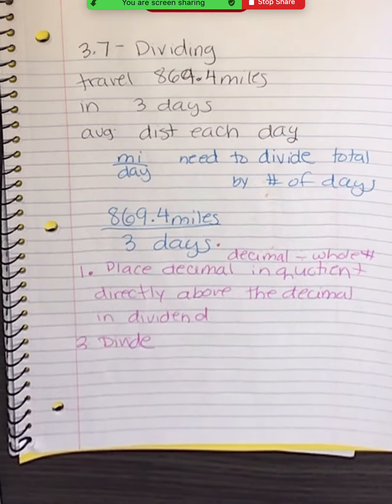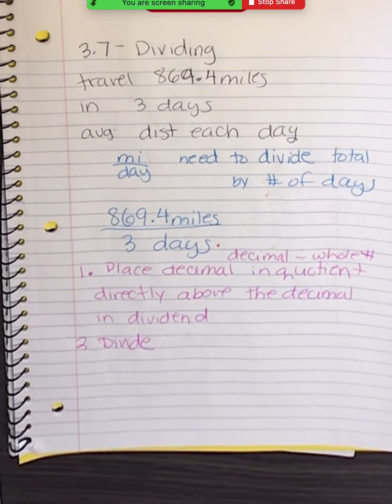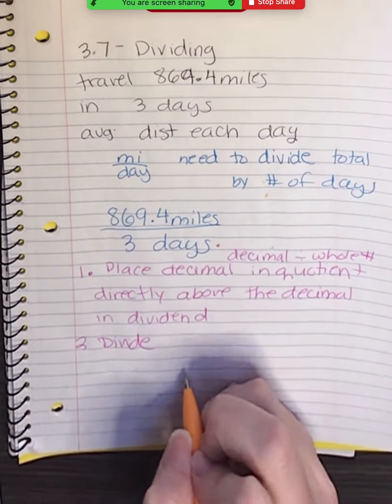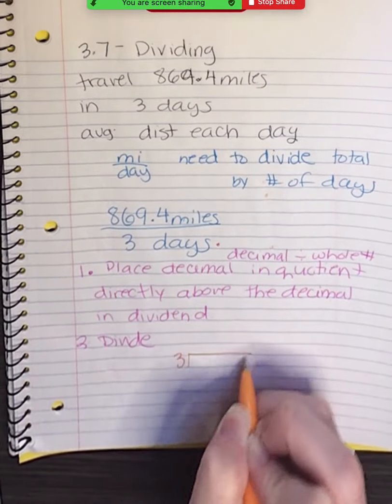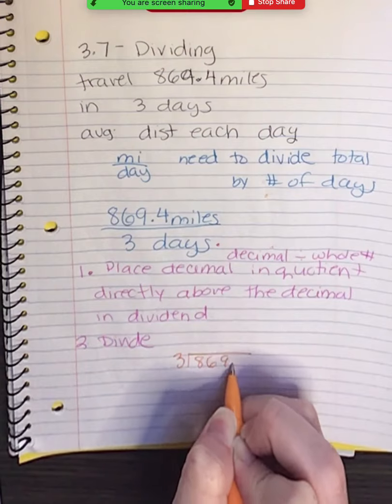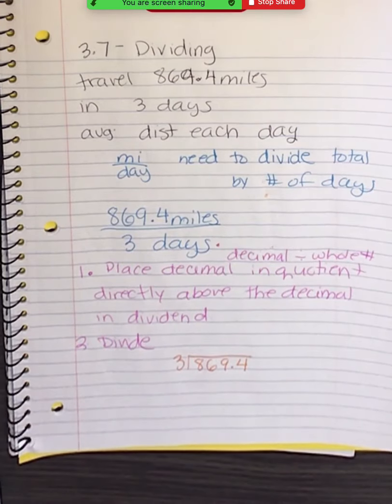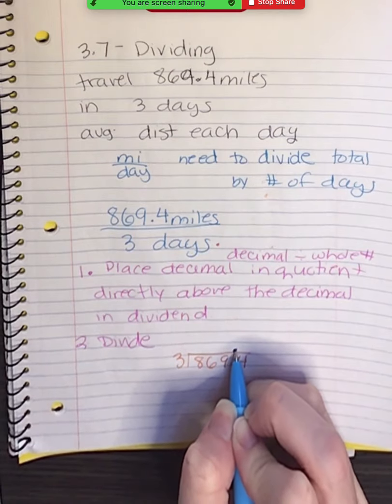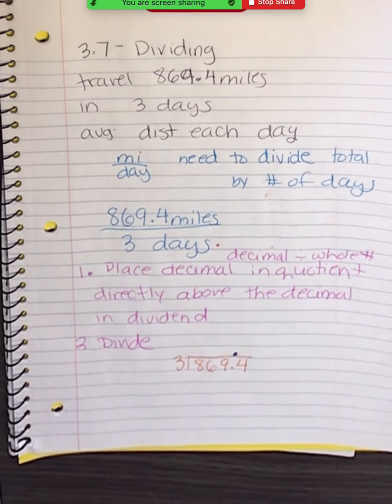Okay, so if I have this that I'm doing here, the 3 goes on the outside, 869.4. Okay, then what you do is you take the decimal, place it up here in the quotient, and now you divide.